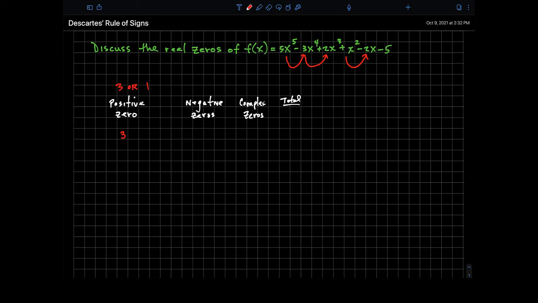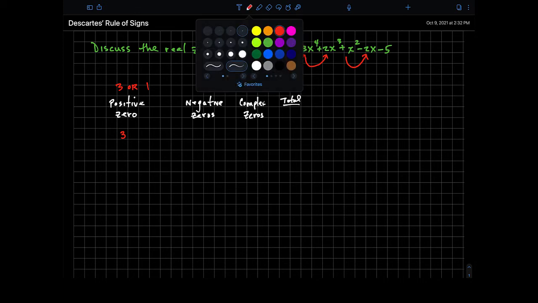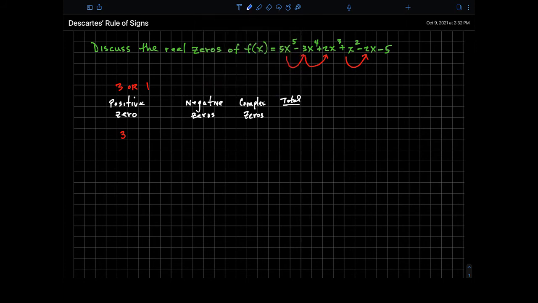Now looking at the negative. We're going to take f of negative x, so I'm going to come up here and evaluate negative x. You'll just substitute the x with negative x all the way through the problem.